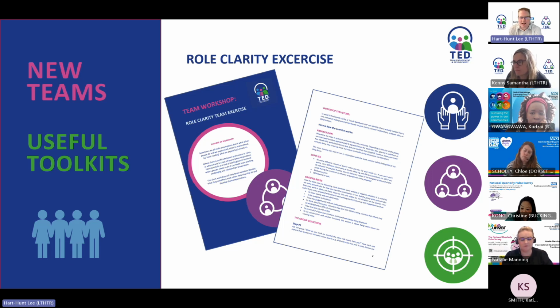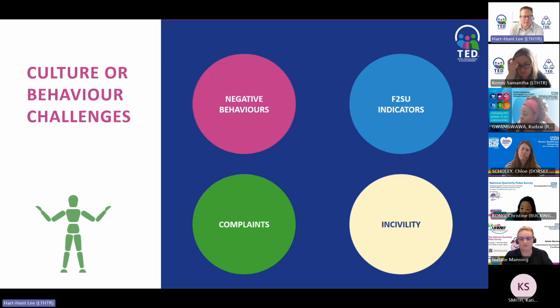Okay, so next type of team that I wanted to focus on was teams with culture or behavioural challenges. Now, this is one that I think we do see quite often, and I think definitely in quite a pressurised climate that a lot of teams are working in, this can be something which raises its head.